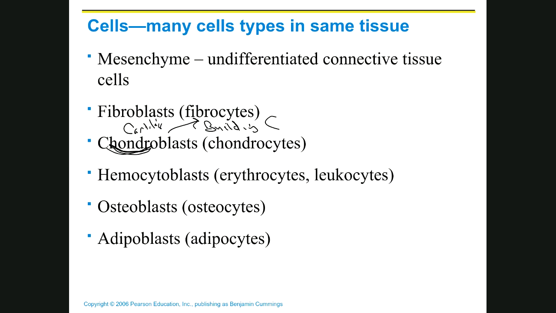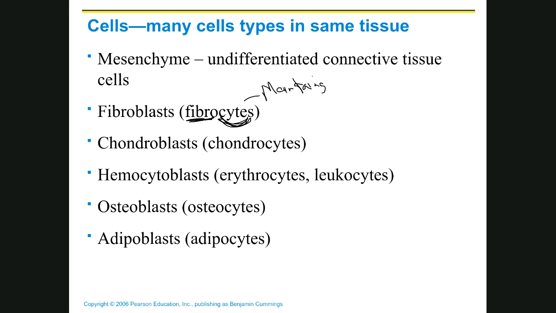And then if you go back, what did we say site meant? Do you remember? What does site mean? It means maintaining. So what are they maintaining? Fibrocytes. What are they maintaining?